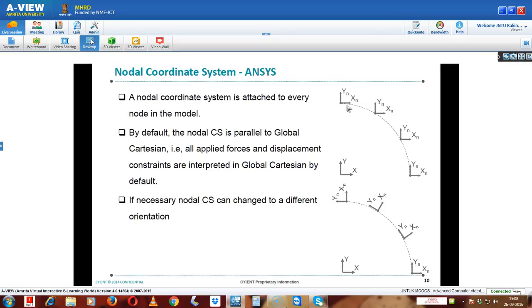Here all nodes are aligned to the global Cartesian by default. If we have a requirement that these nodes should be aligned in a particular direction, we can set it as per our requirement. This is the cylindrical coordinate system, where x represents radial, so all nodes are rotated into the radial coordinate system.